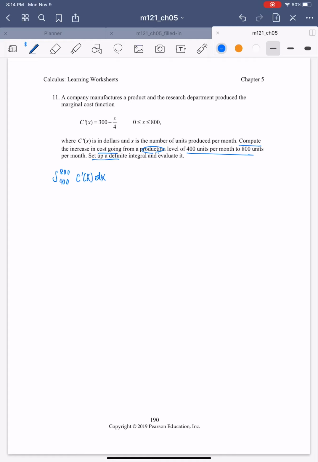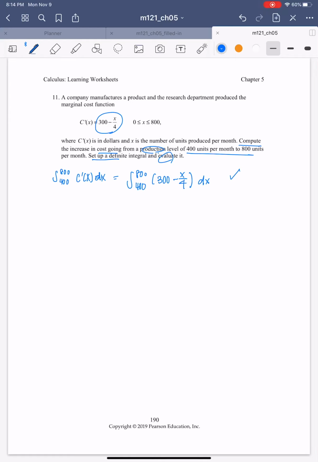So let's set up. That means 400 to 800 of 300 minus x over 4, because that's our marginal cost function, and then dx. All right. Now let's evaluate it. So we got the setup.